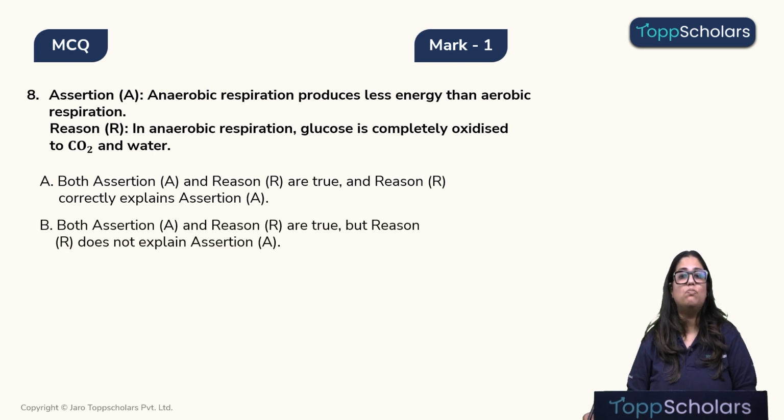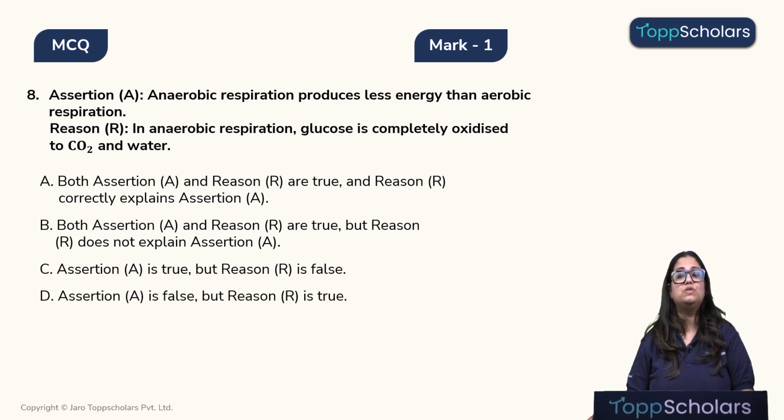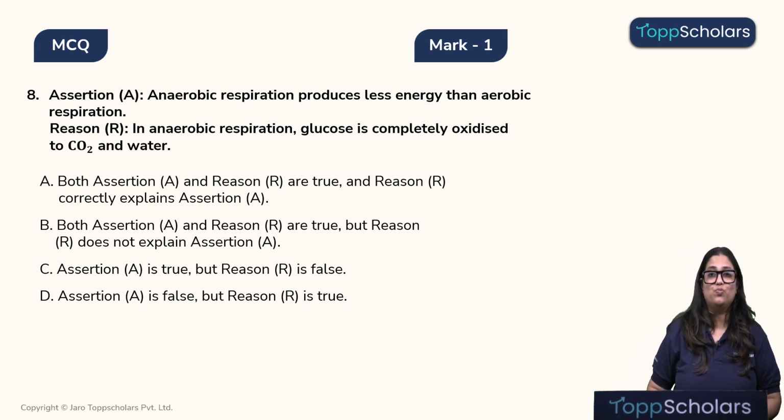Option B says, both assertion and reason are true, but reason does not explain the assertion correctly. Option C, assertion is true, but reason is false. And option D, assertion is false, but reason is true.